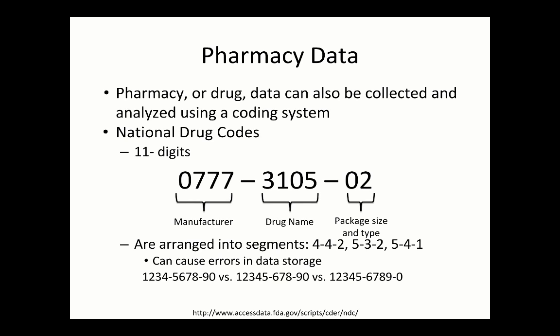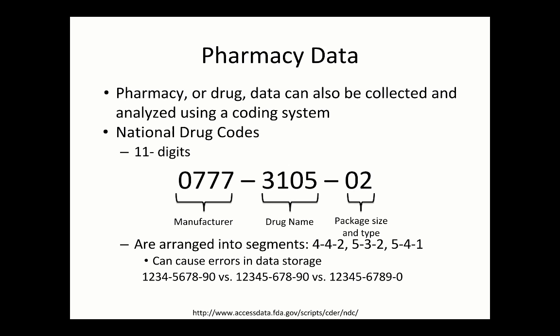Consequently, the same numbers in the same order can represent 2 entirely different drugs, because the way they're broken up into segments may be different. Therefore, a code of 1234567890 may represent one drug, but the same digits split differently may represent entirely different drugs.